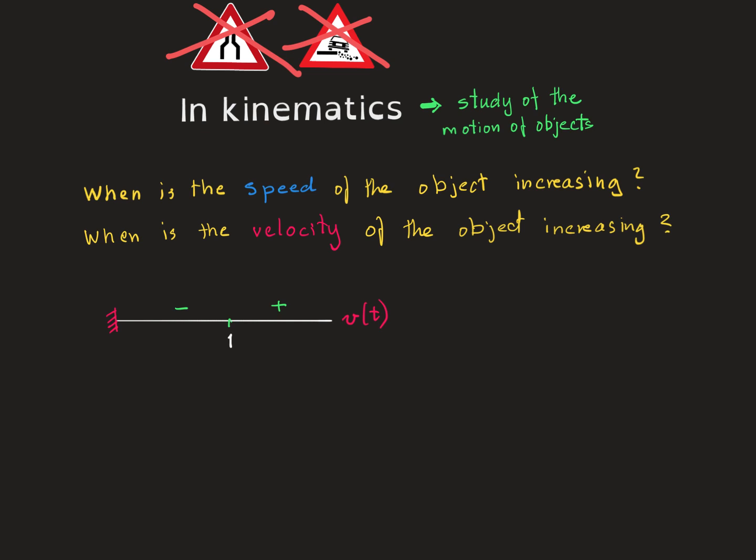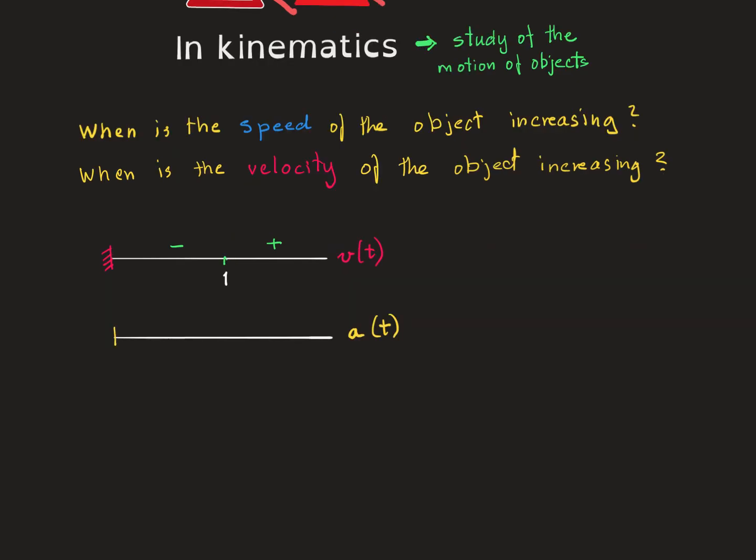And this is hypothetical. I'm going to now draw the sign diagram of acceleration. Again, time cannot be less than 0. It cannot be negative. And our acceleration sign diagram indicates that the function is positive throughout.